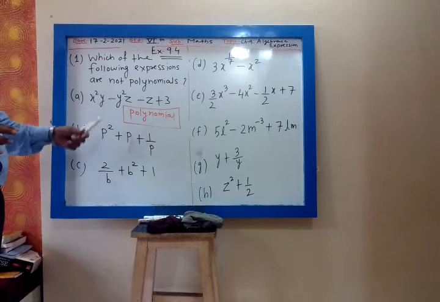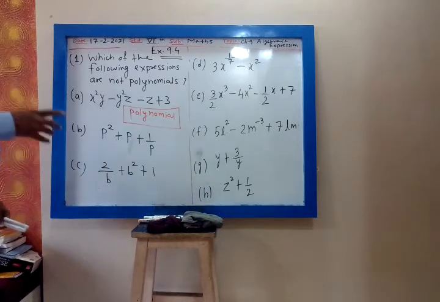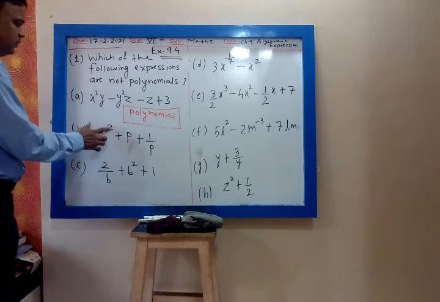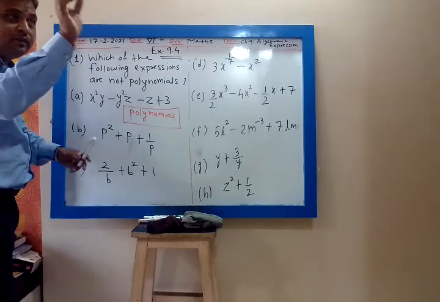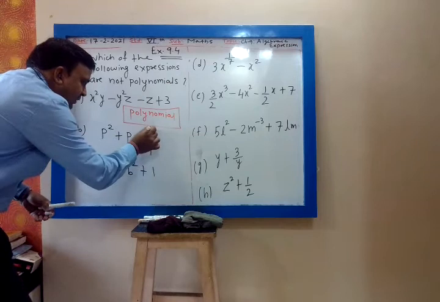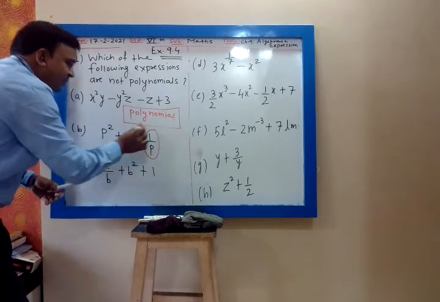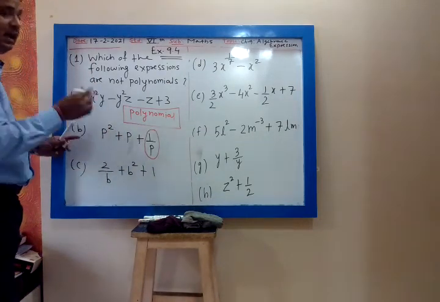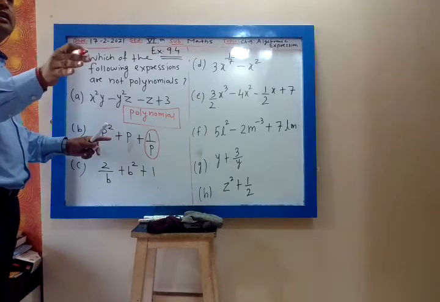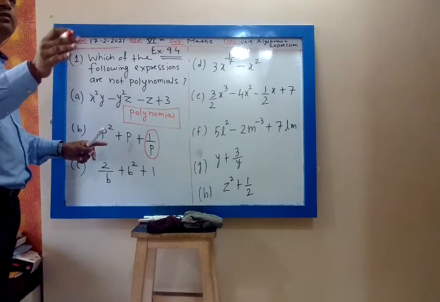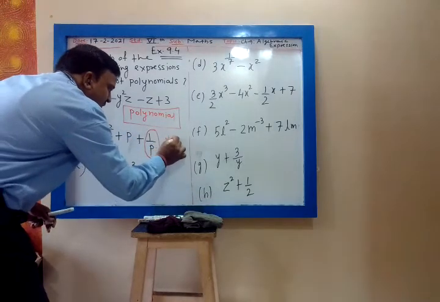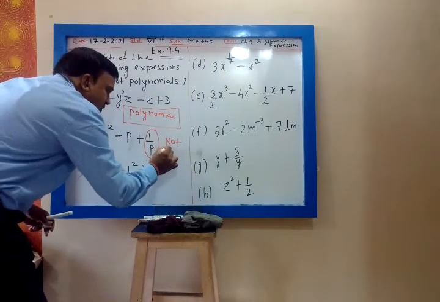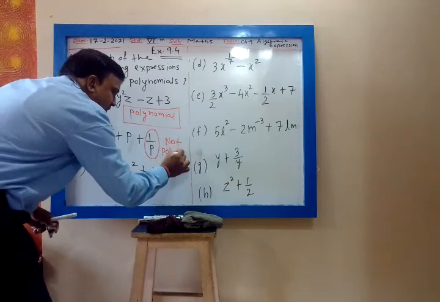The answer for the first one is polynomial. What about second? What is the power of p? 2, then 1. And the last term is 1 upon p. P is in the denominator. Whenever the variable is in the numerator with non-negative power, it is a polynomial. Whenever you get 1 upon variable, it is not a polynomial.